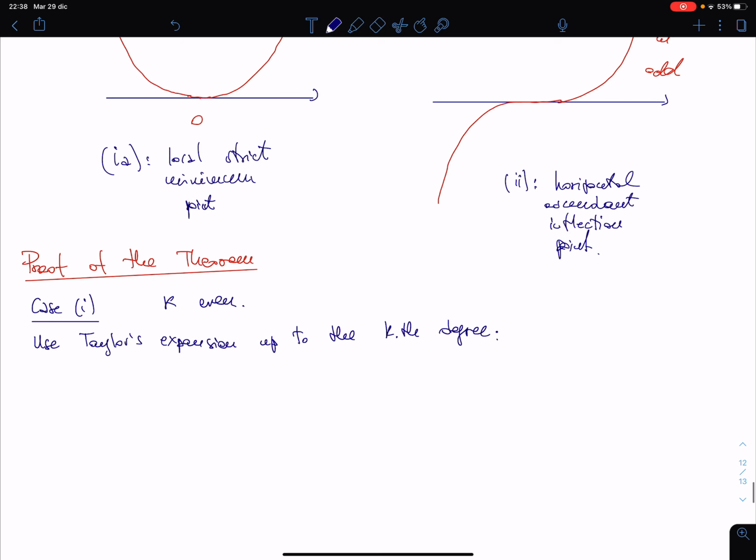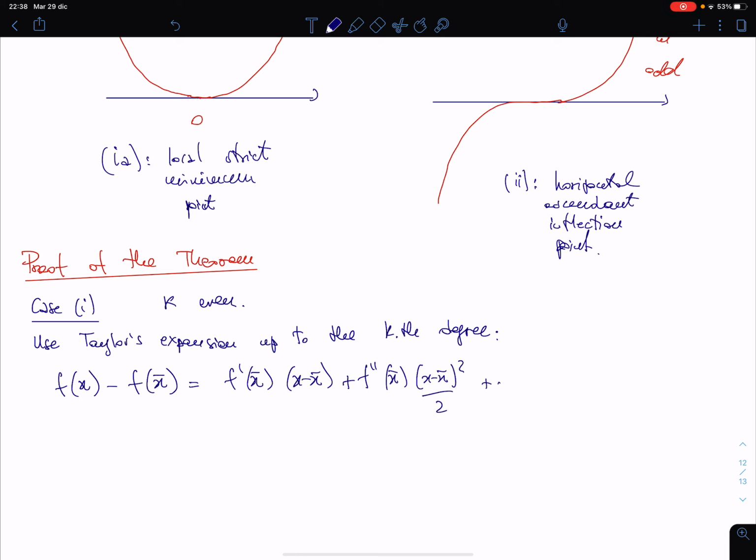So here we have f(x) minus f(x bar) is equal to f prime of x bar times (x minus x bar), plus f second of x bar times (x minus x bar) squared divided by 2, plus up to the kth derivative of x bar divided by k factorial times (x minus x bar) to the kth power, plus little o of (x minus x bar) to the k, and little o is to be understood as x goes to x bar.